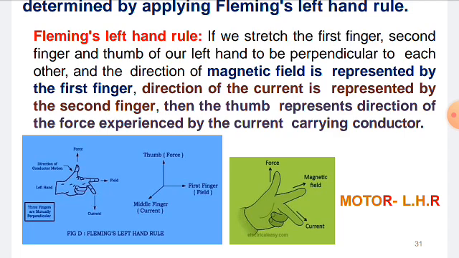The direction of the current is represented by the second finger, that means middle. Then the thumb represents the direction of the force experienced by the current carrying conductor. Thumb indicates the force, index indicates the magnetic field and middle finger indicates the current.